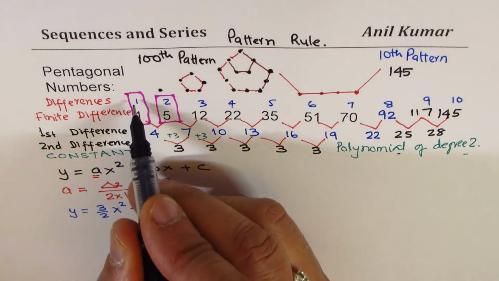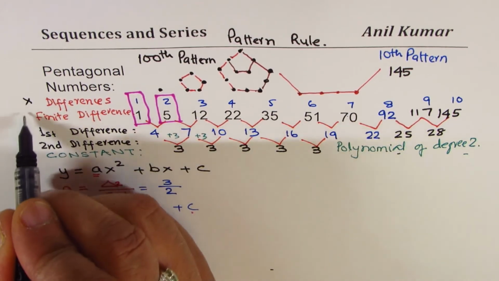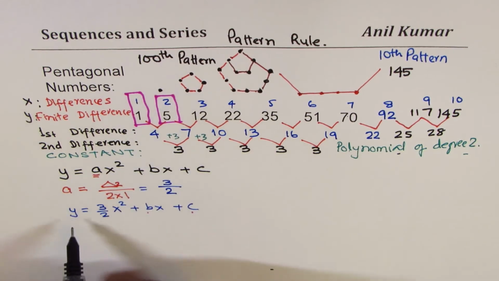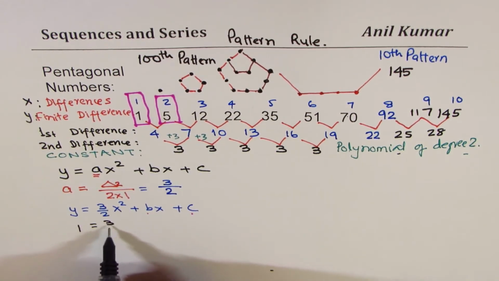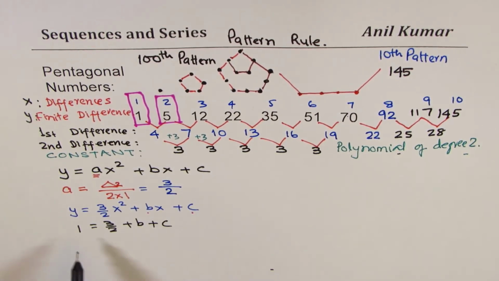So if I put 1, 1, this I'll treat as x and this will be y for me from now onwards. So we get 2 more equations. If I put 1 for x and 1 for y, I get 1 equals 3 over 2 plus b plus c. Do you see that? So I get 1 equation.